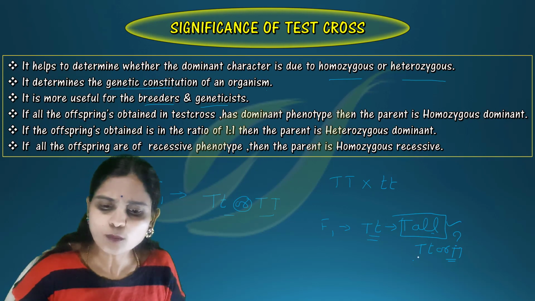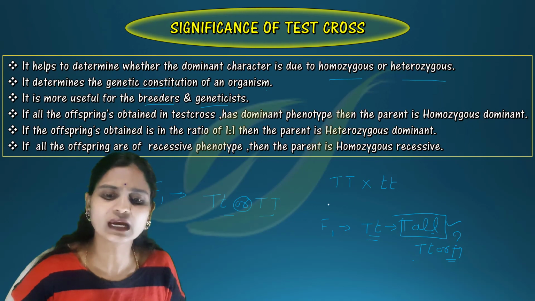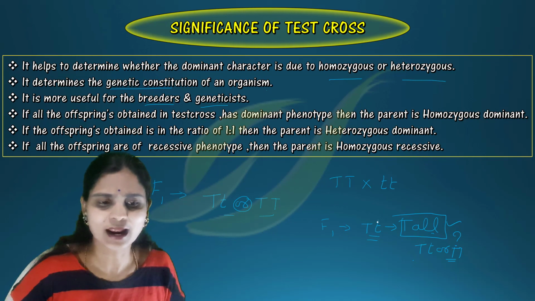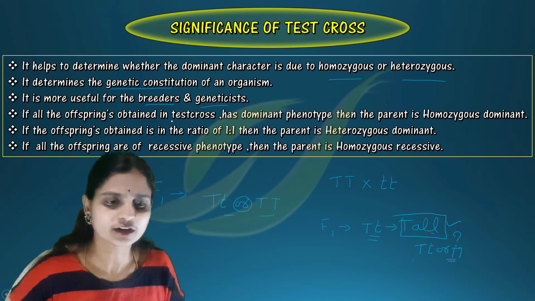If they want homozygous, they will test again or breed other plants. They should know properly the genotype of the plant so that they can improve their crops. And geneticists should know exactly which genes are present in the plant.